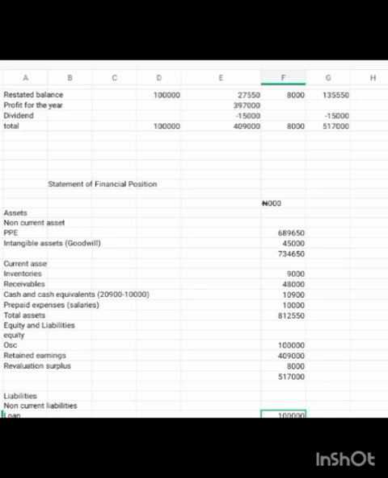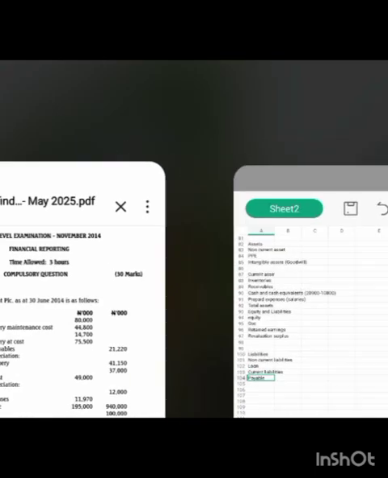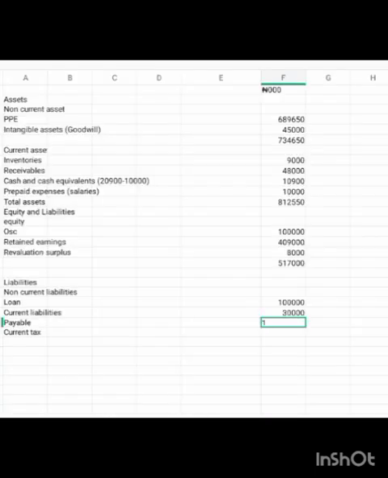After the loan, what else do we have? Current liabilities. Under that we have payables, 165,000, which is inside the additional information.